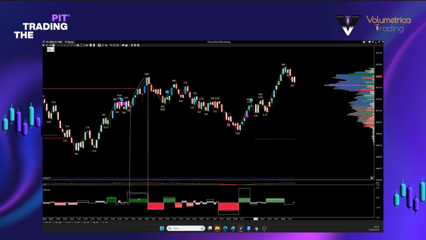The shading of the delta, whether it's intense green or light green, or of course red, shows how intense the push of that swing is.